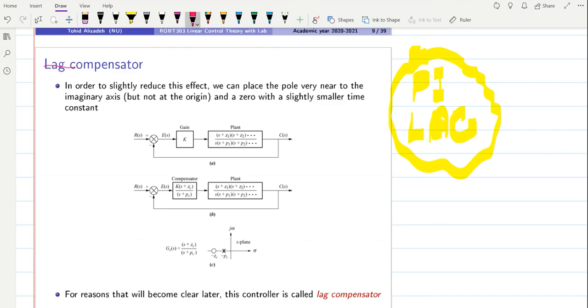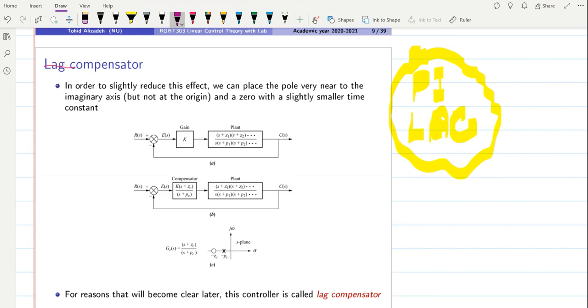We try not to change it. And to achieve this, we need to place the pole and zero of the controller close to each other, because then the phase contribution from those two will kind of cancel each other's effect.